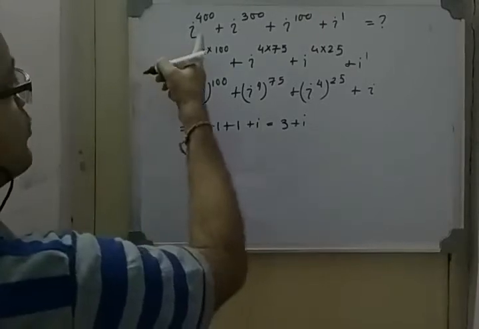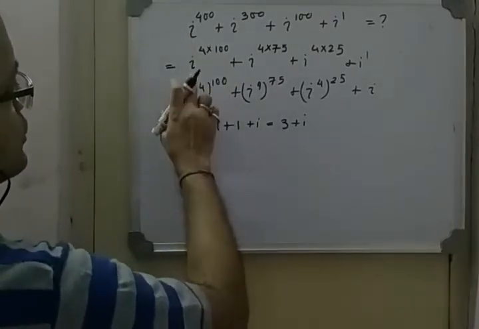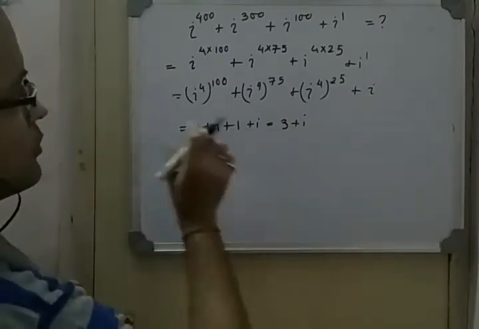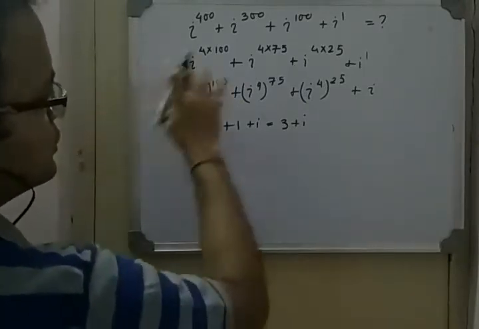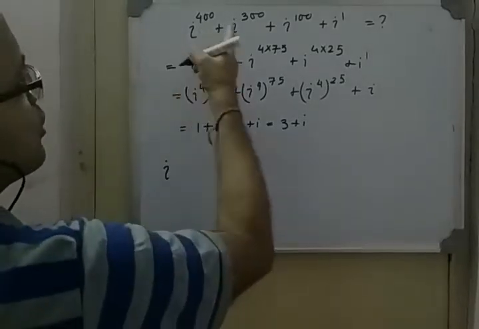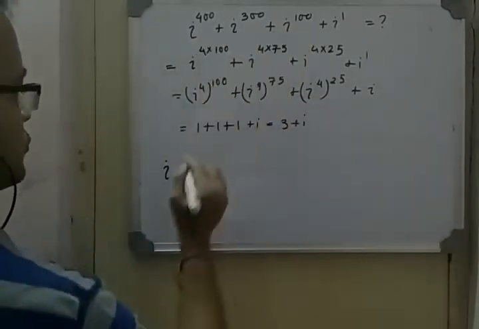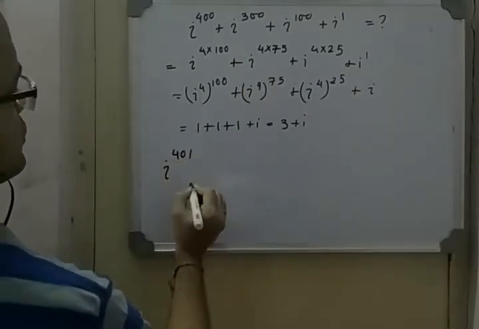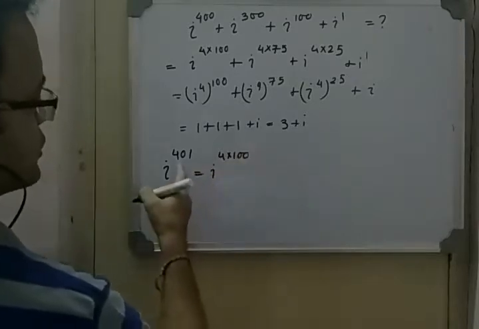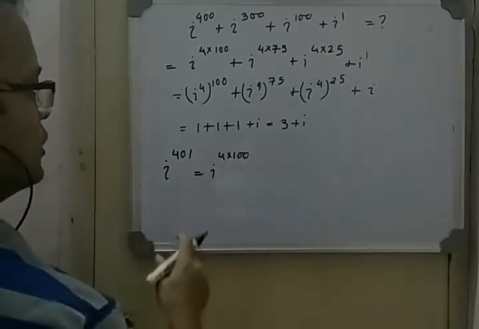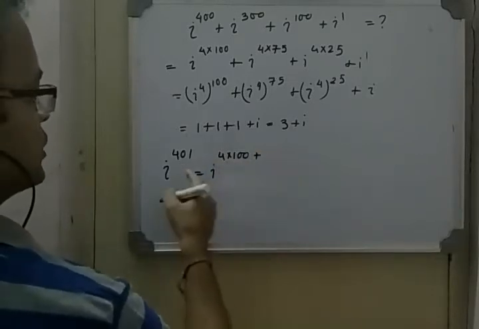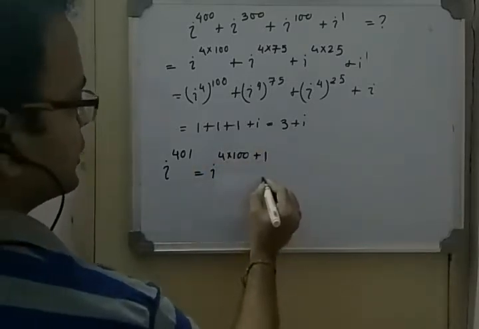It looks like a very big quantity, but if you know this, i to the power 4k plus 1, 4k plus 2, i to the power 4k plus 3, what are they? So easily you can just simplify it. Suppose these are all exact multiples of 4. Suppose it is 401. What we will do is take 4 into 100, the nearest multiple of 4, and break it there, plus whatever is remaining, 1 is remaining, you will keep as it is.